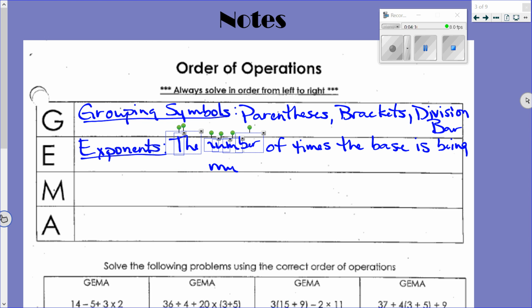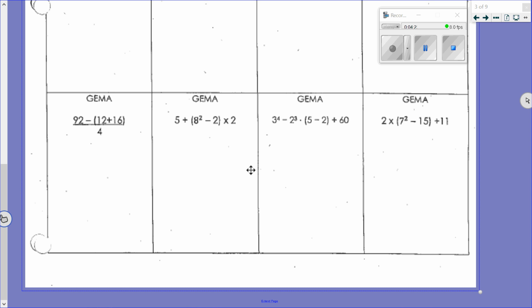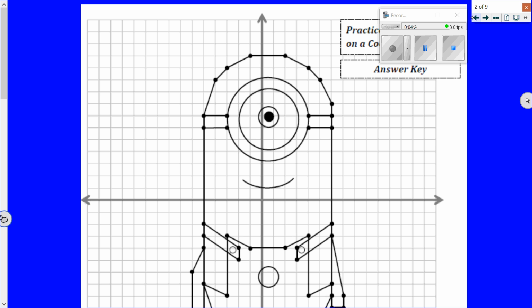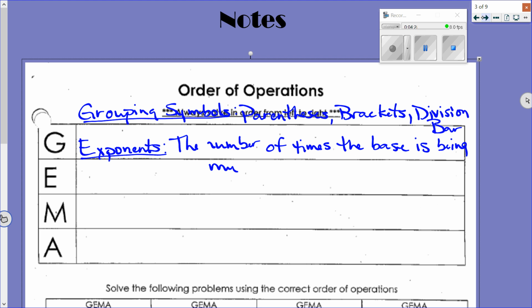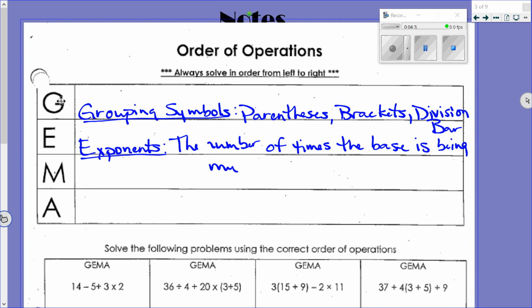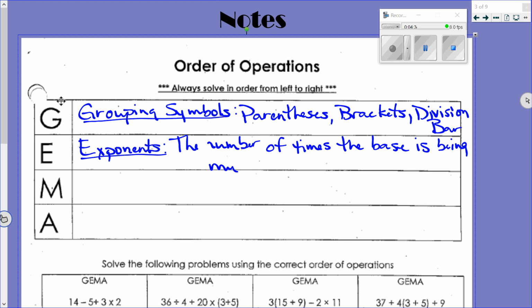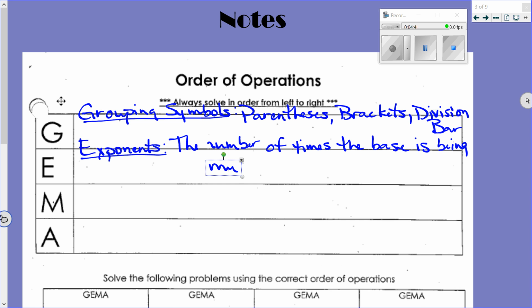This is interesting. There we go. This is a brand new one. There we go. Okay, we're back to the page. Number of times the base is being... Okay, skip on.